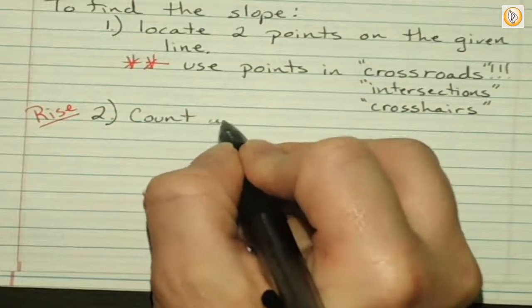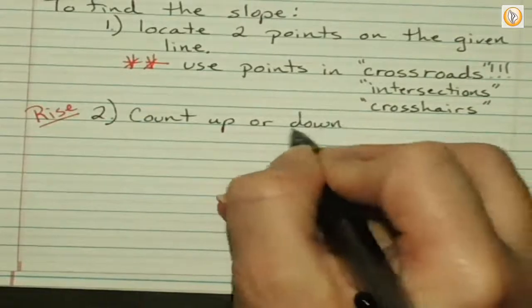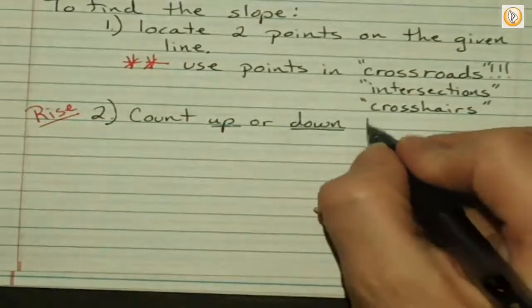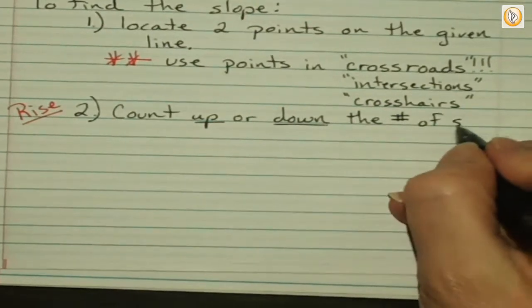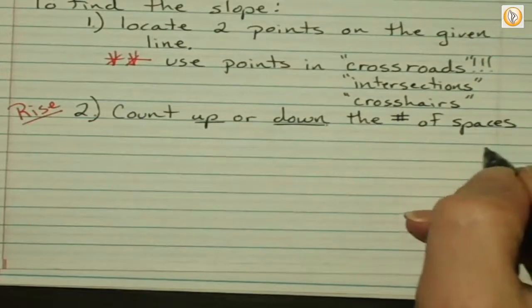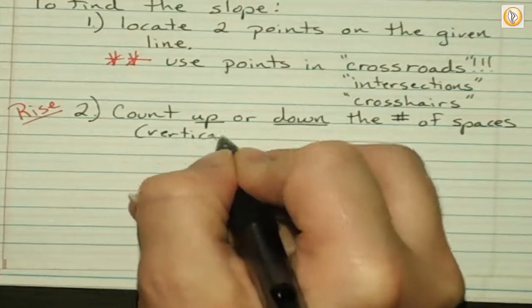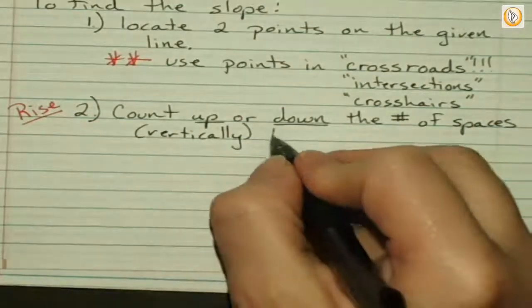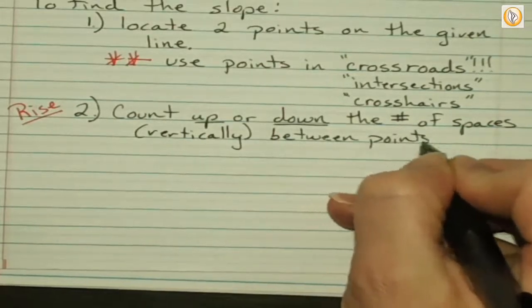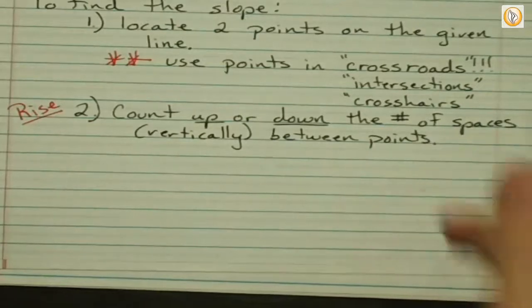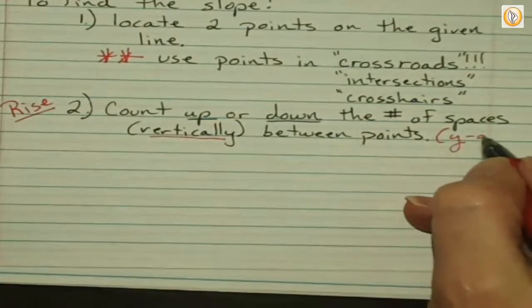Count up or down the number of spaces vertically between points. That's your y-axis.